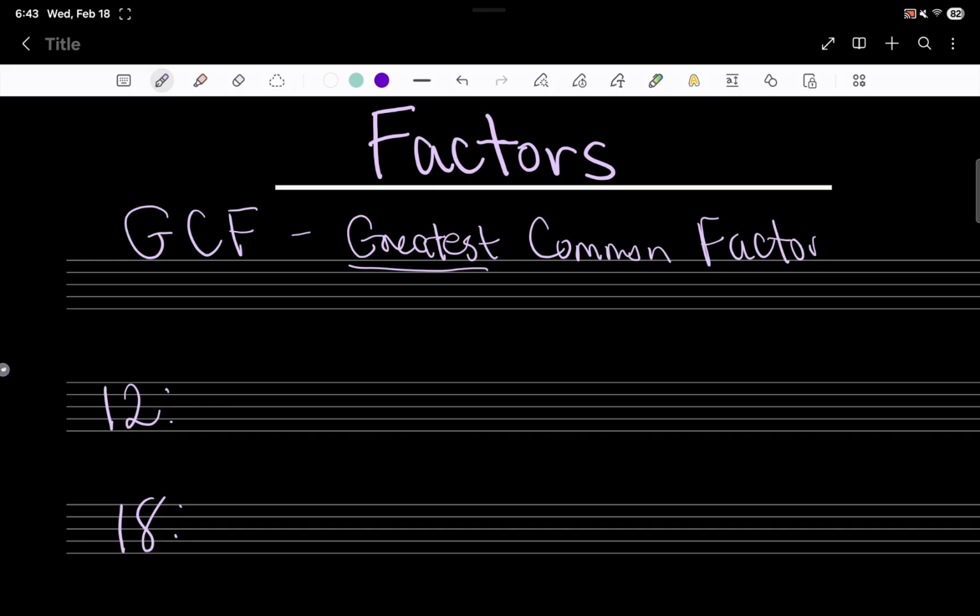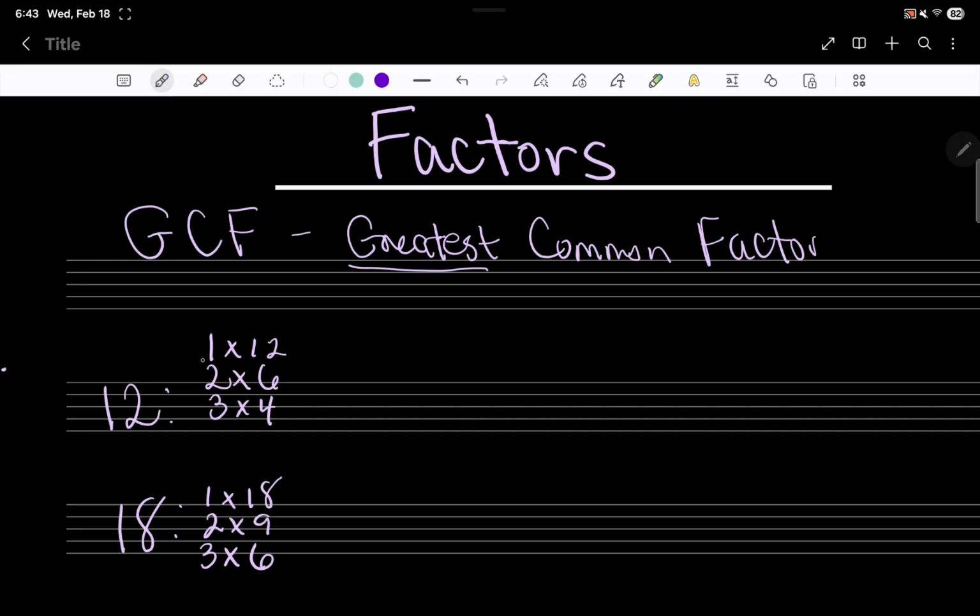With 12, as we saw earlier, we have 1 times 12, 2 times 6, and 3 times 4. With 18, we have 1 times 18, 2 times 9, and 3 times 6.